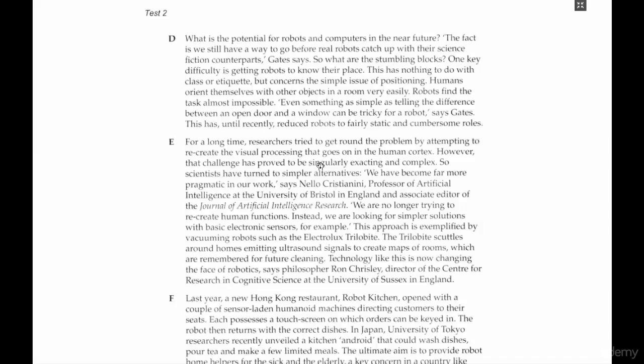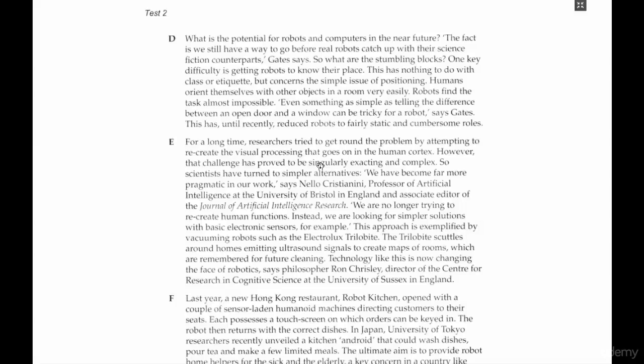What is the potential for robots and computers in the near future? So this paragraph is going to talk about potential, right? What is the potential in the near future? The fact is we still have a way to go before real robots catch up with their science fiction counterparts. The last sentence tells us that this has, until recently, reduced robots to fairly static and cumbersome roles.